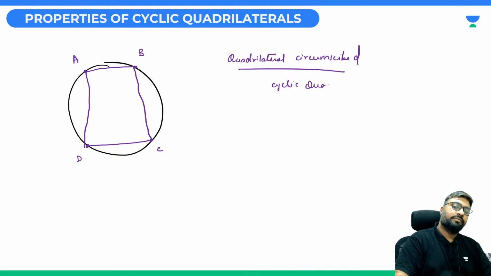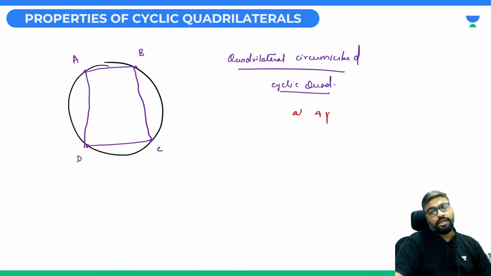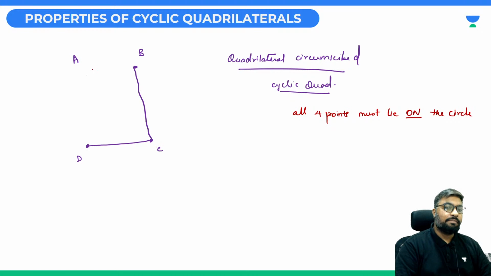Okay, but it is very important that all 4 points must lie on the circle, cannot be in the circle. Yes, for example, oops, rush kar liya, sorry, chalo koi nahi, we'll draw this again.